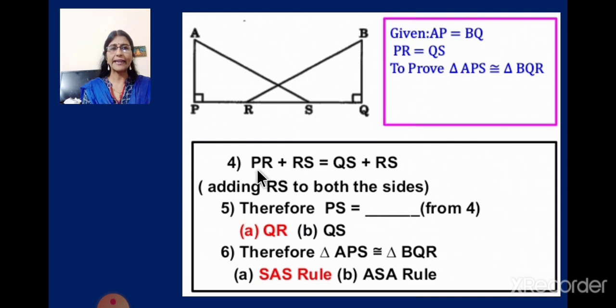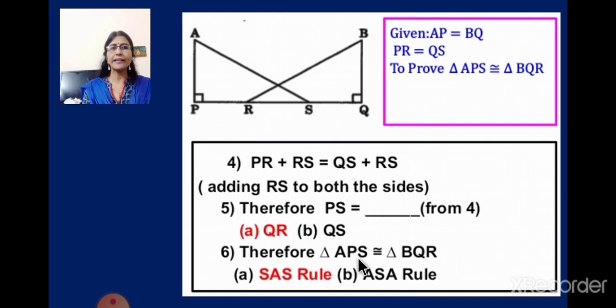Now when you add these two sides, PR plus RS, what you will get? You will get PS. This whole side we will get PR plus RS. So therefore PS is written. PS is equal to, now here what we will write? QS plus RS, you can see here in the figure. So QS plus RS will become QR. The whole side we will write. Now here we will write QR, which is there in A option. So we are going to select A option.